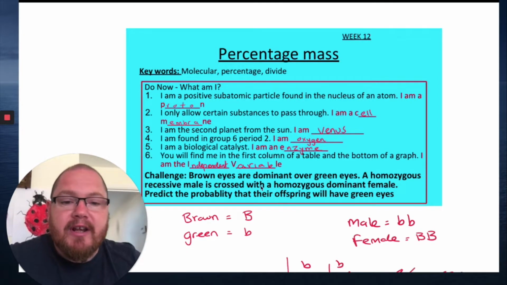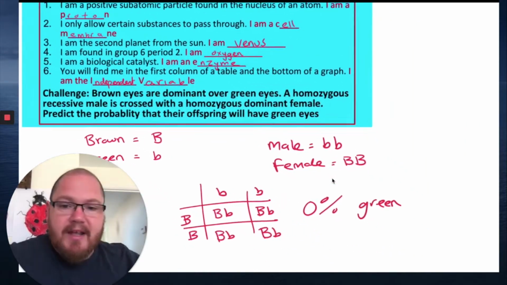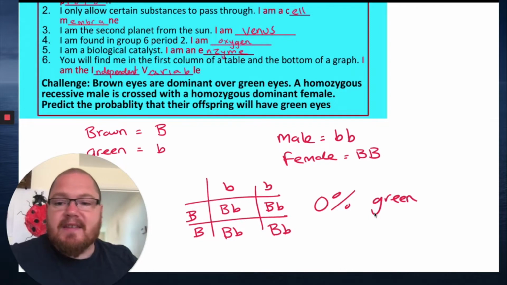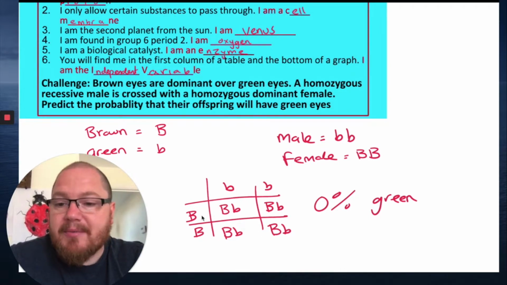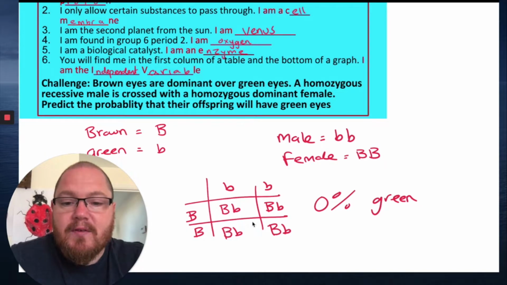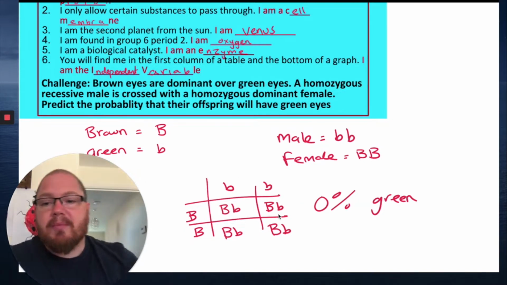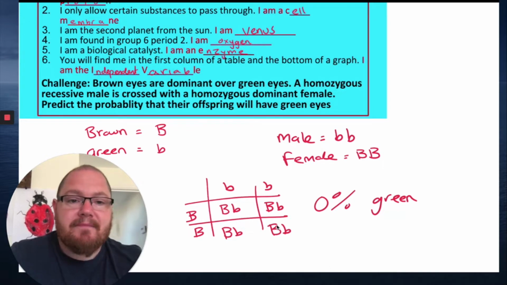Now remember, green eyes is the recessive. So when I do this Punnett square, actually there is 0% green eyes, because you get a big capital letter in each of these offspring. So there's absolutely no chance there's going to be green eyes. They're all going to be brown, because they're all going to be displaying in their phenotype brown eyes.